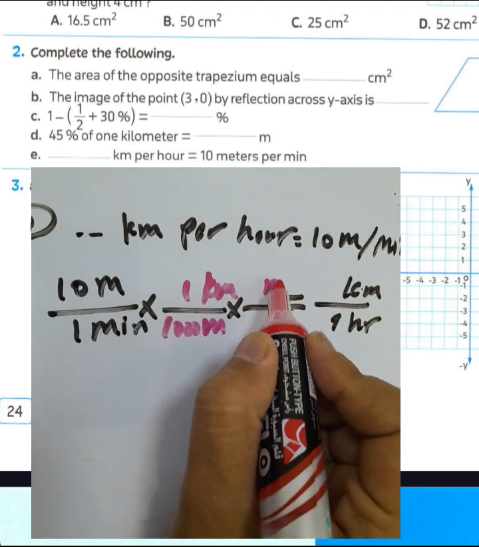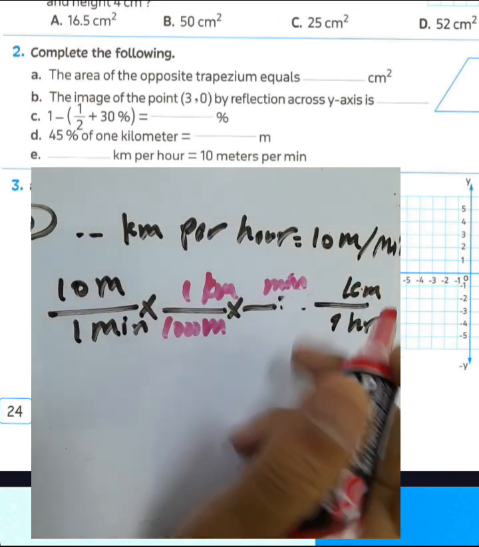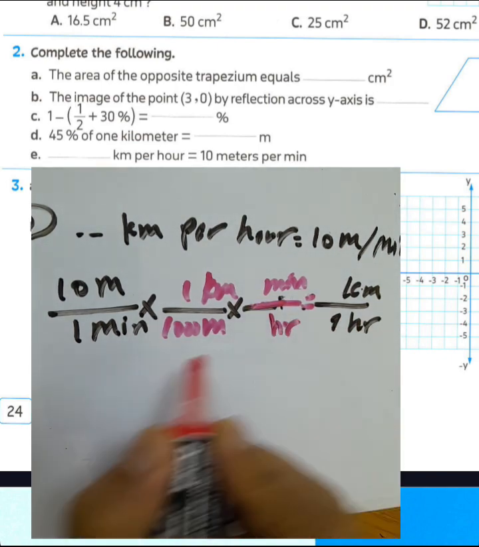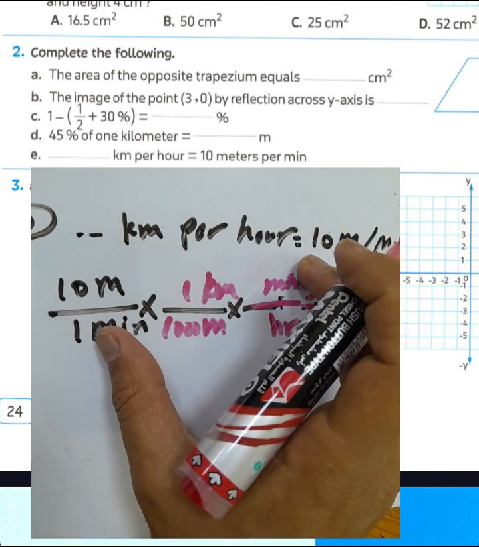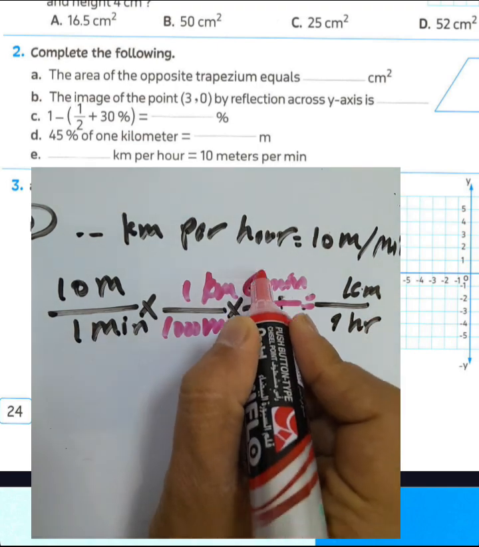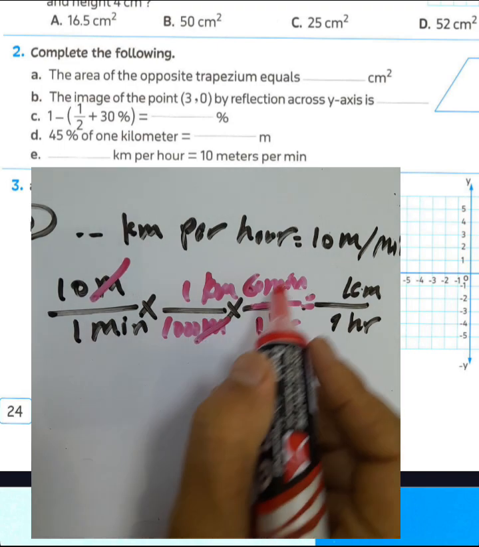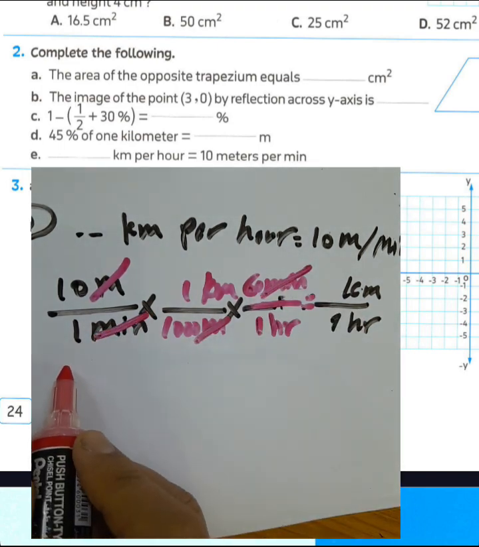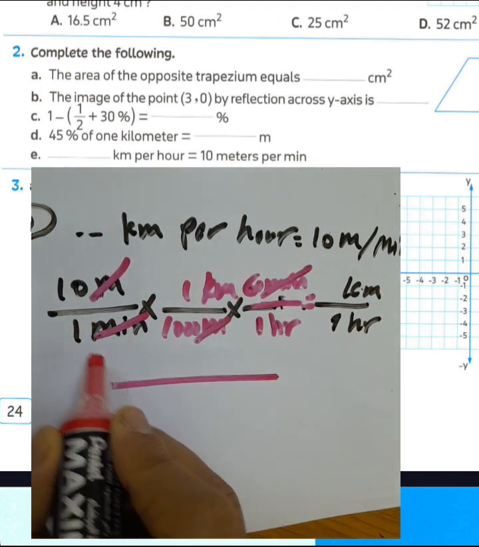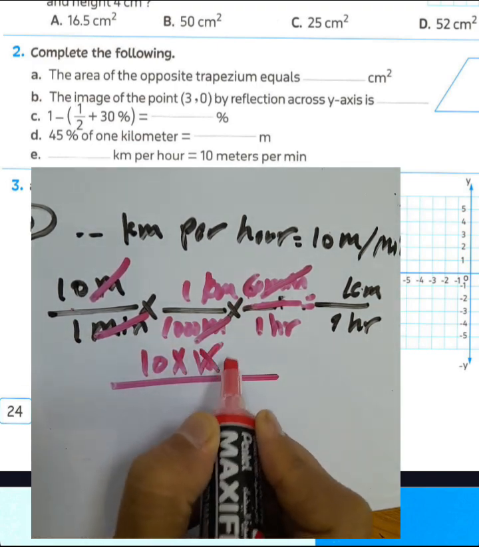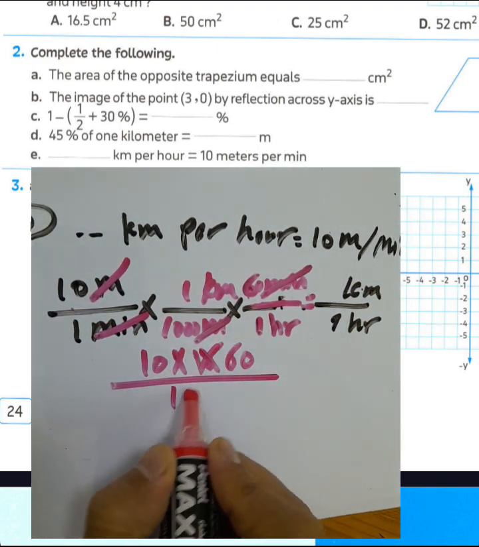And we must cancel minute. Write minute up and the new unit hour down. 1 hour equals 60 minutes. Cancel meter by meter and minute by minute, and then multiply. 10 times 1 times 6, 60 over 1000.